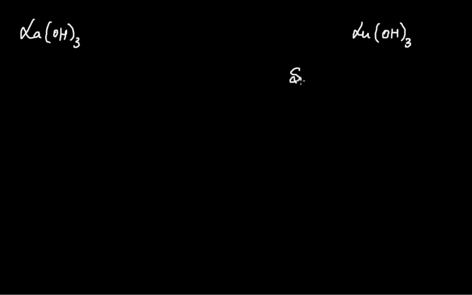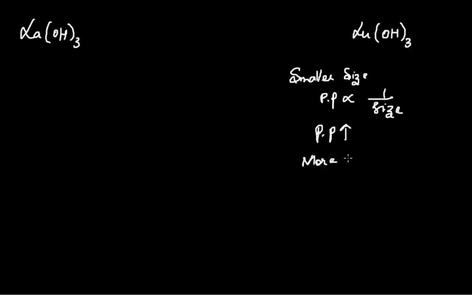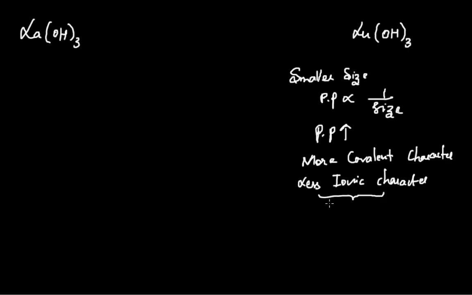So smaller the size, higher the polarizing power, since polarizing power is inversely proportional to size. Polarizing power will increase means more covalent character. So more the covalent character, less the ionic character, so less the basic.